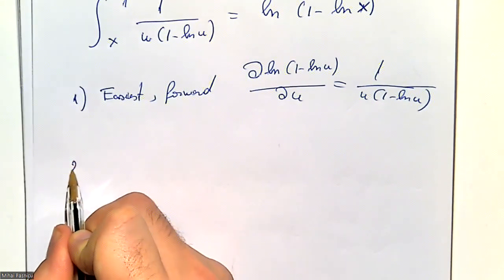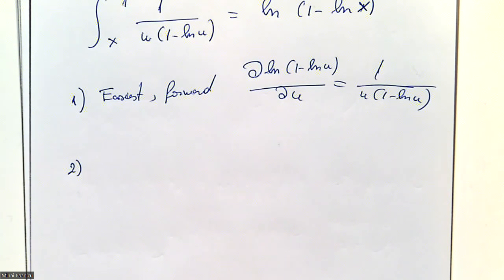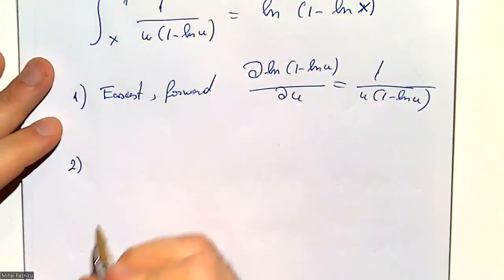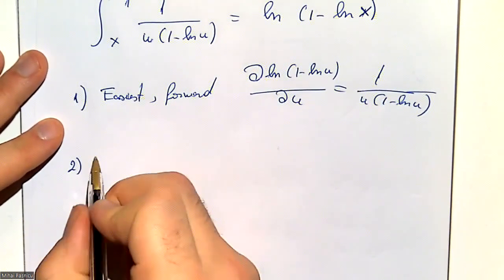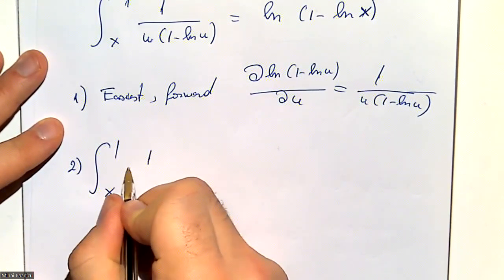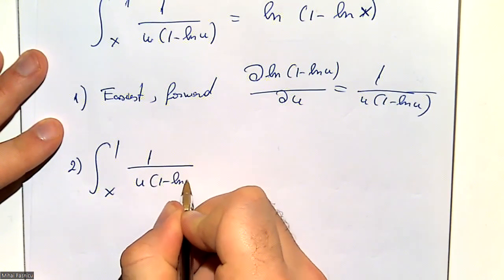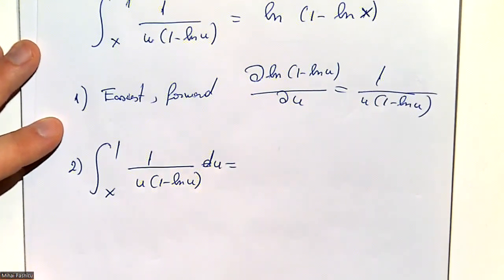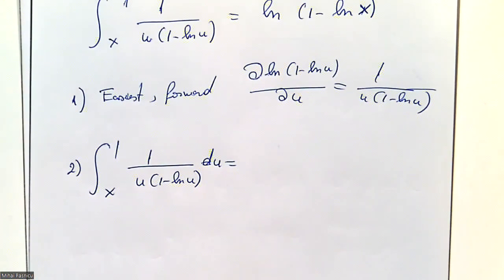The way I did it, because I obviously didn't compute this in my head, was I thought of it this way. This integral from x to 1 of 1 over u times 1 minus ln of u, this is some more informal, but since it's not graded, you don't get extra points for showing this up top.